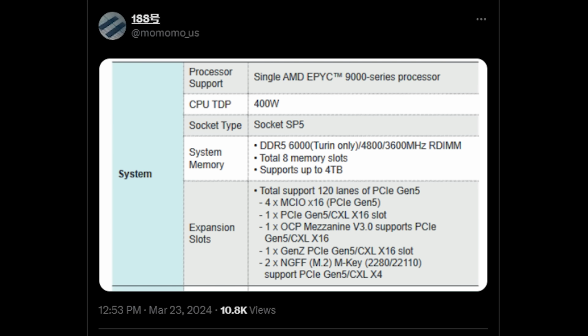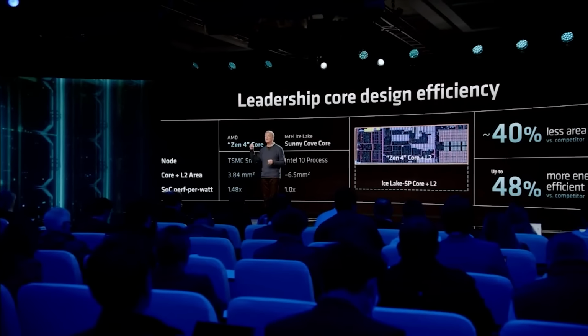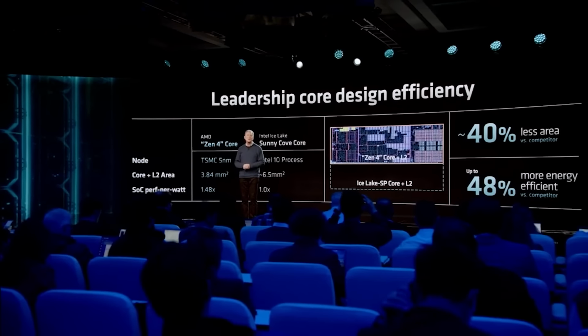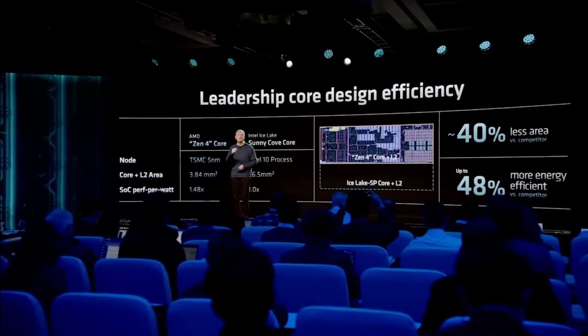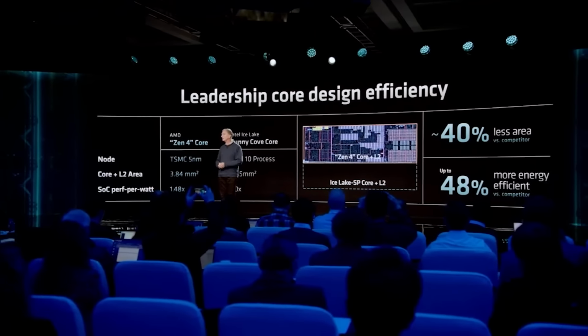Now, assuming this is true, and after all, it may not be, it's not officially confirmed by AMD, that's a vast improvement over the current memory speeds of EPYC processors we have with Genoa, which is 4800 MT/s. That's with an EPYC 9654 as an example. So, it's very possible that a good portion of the gains we're seeing isn't IPC exactly, but it's basically just extra bandwidth available courtesy of faster memory and better I/O.